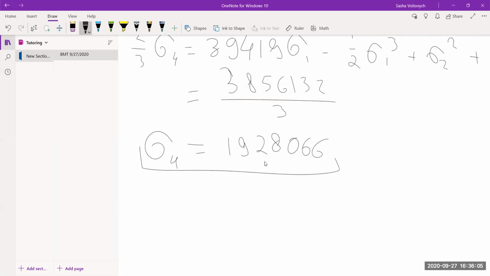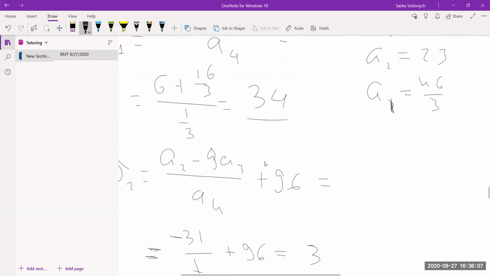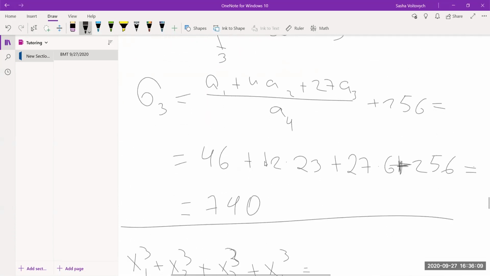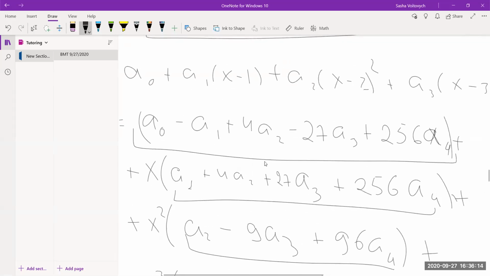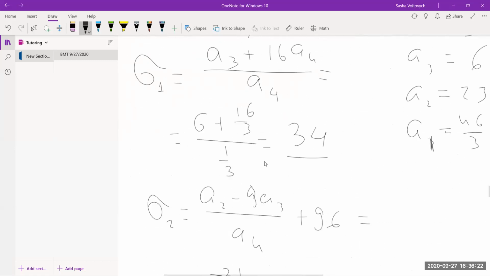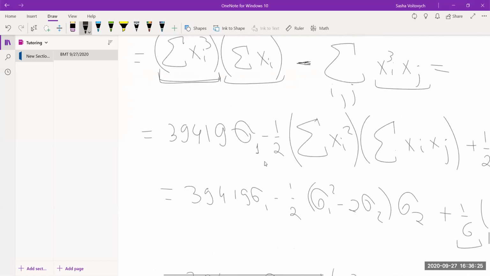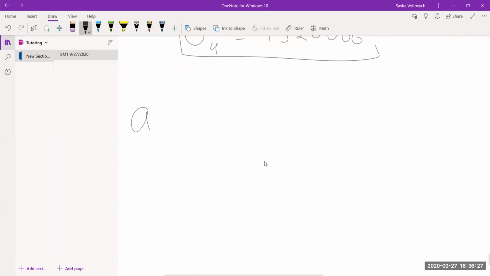Right. So now the final step. We know how sigma 4 is expressed in terms of the coefficients. We already know all these, and we just have to find A0. So A0 will be equal to sigma 4.